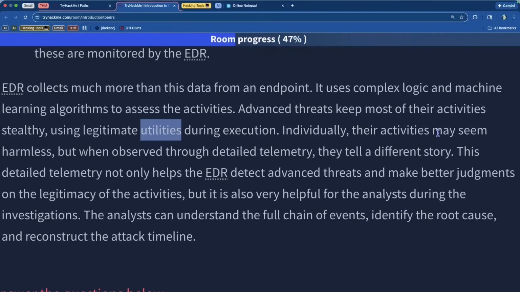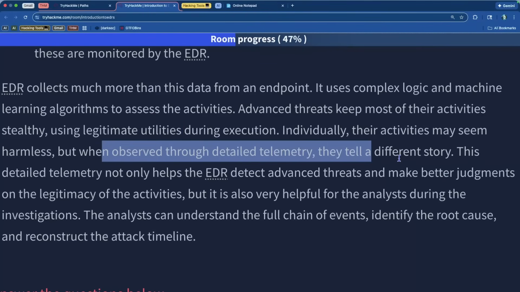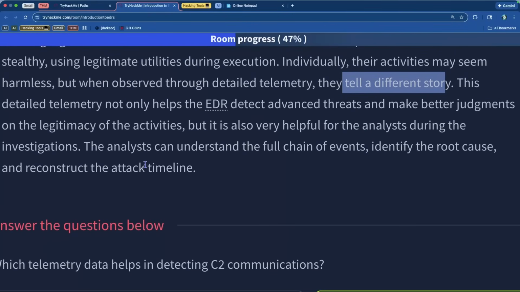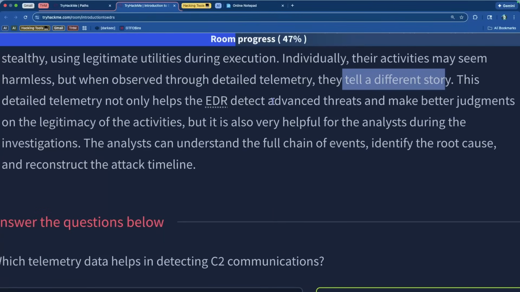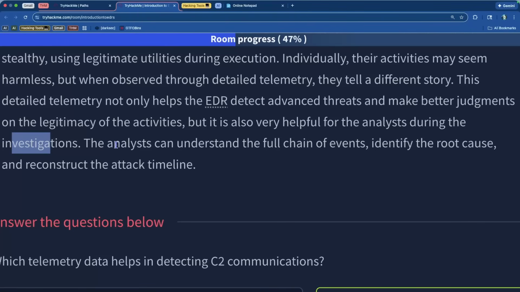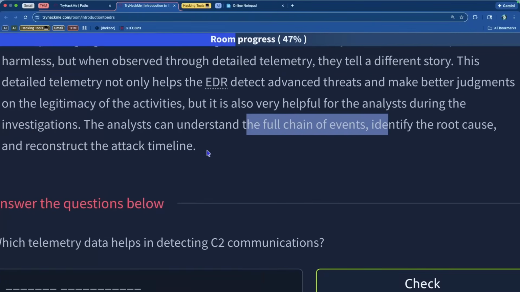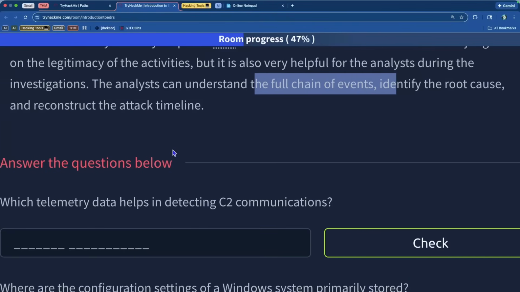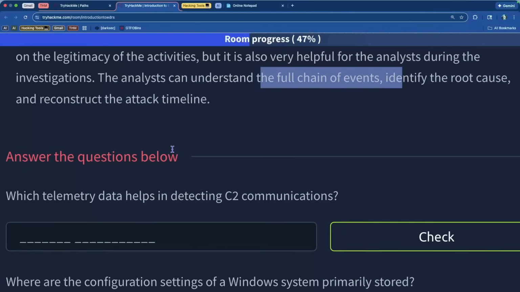These activities can be harmless individually, but when observed through detailed telemetry, the connections tell a different story. The detailed telemetry not only helps us detect advanced threats and make better judgments, but it is also very helpful for the analyst during the investigation itself. The analyst can understand the full chain of events because telemetry connects everything together.